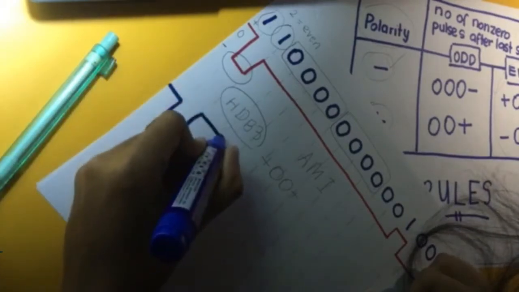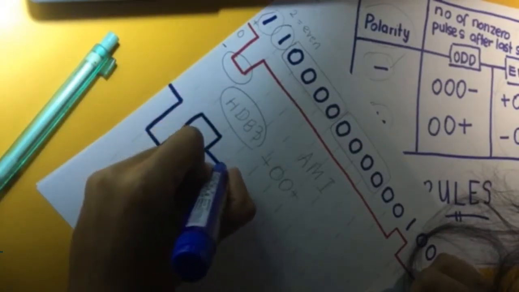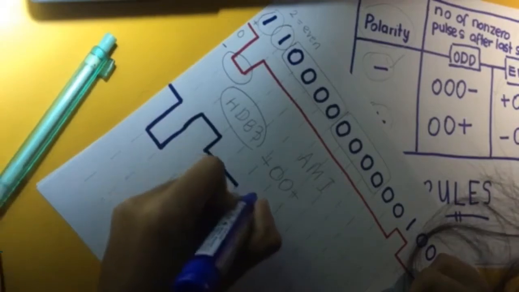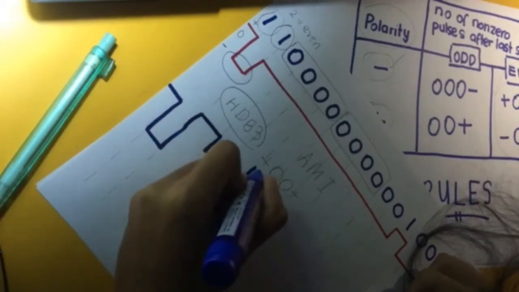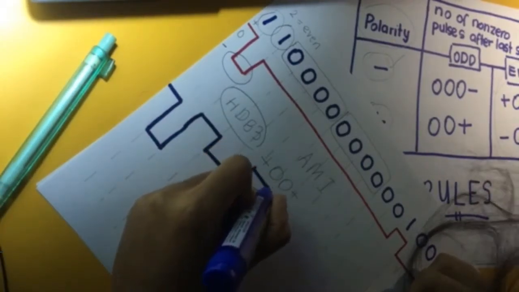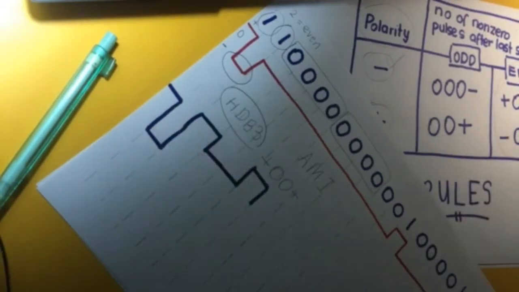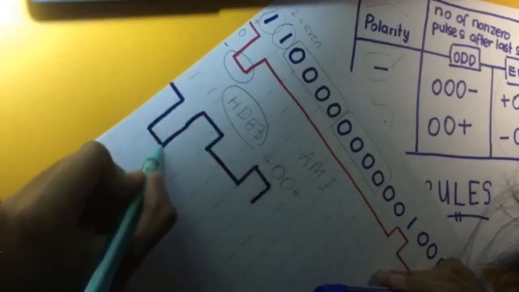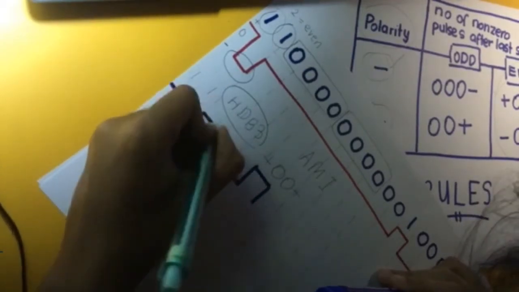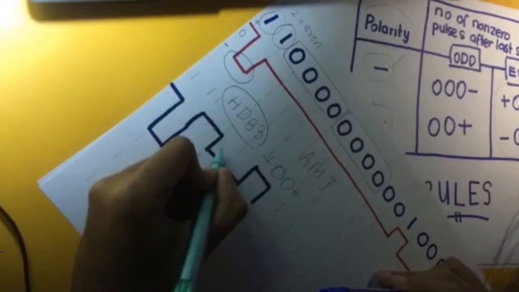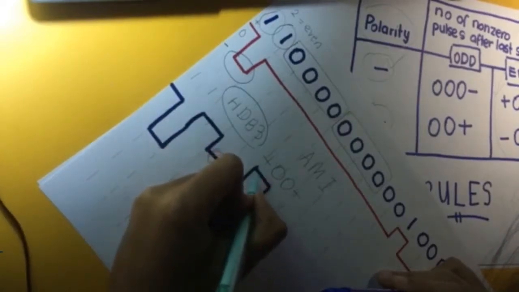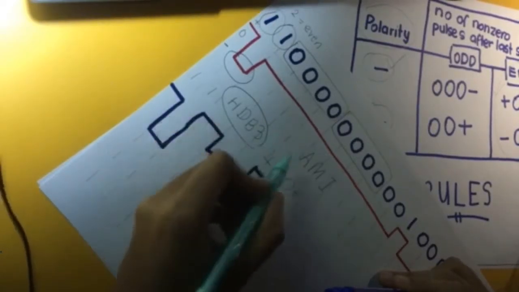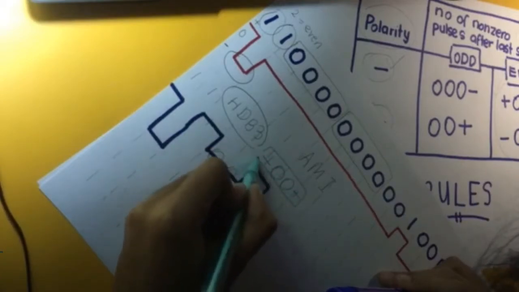Over here, we're going to put 0, and another 0, and another plus. So as you can see, this one is 1, 1, and we have positive over here. We have 0 and 0, and this one we have positive again, to comply with this format.